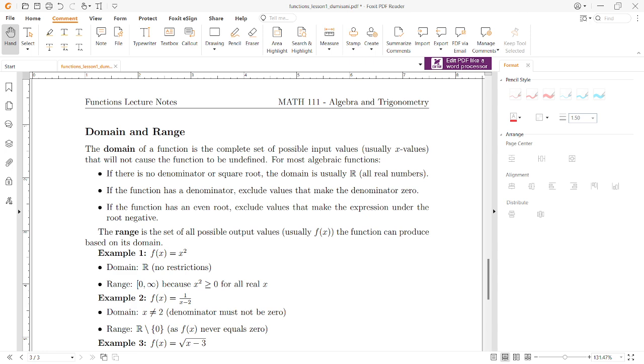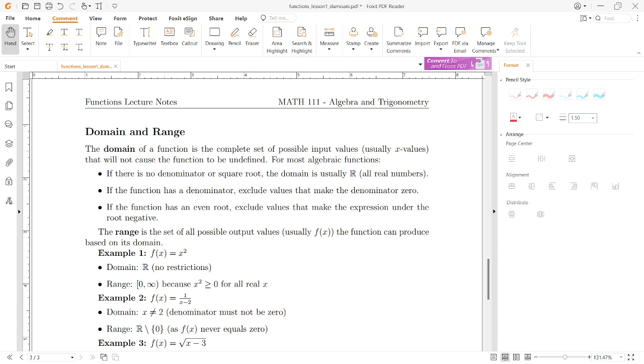So a domain is a function. Sorry, not a function, but a domain of a function is the complete set of possible inputs. So we are looking at a set that contains inputs, and we usually present the values of a domain using x.